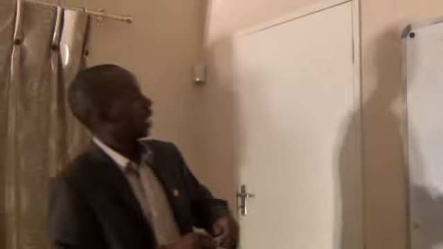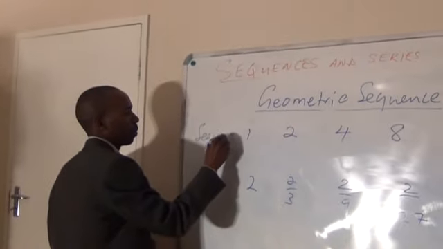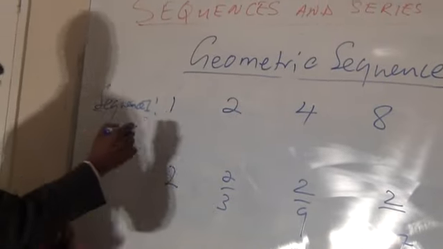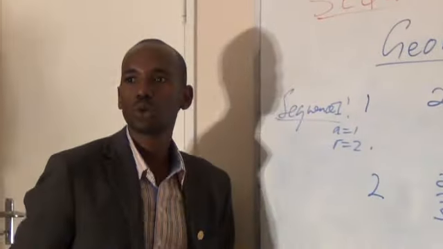I want us to notice something. Let's go with this sequence 1. We said in this particular case, our a was equal to 1, our r was equal to 2.